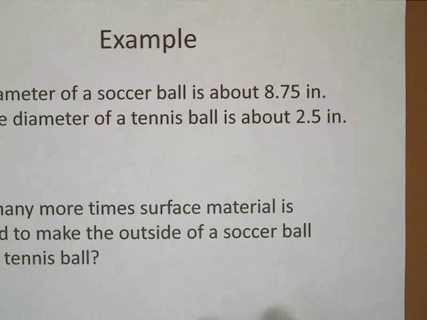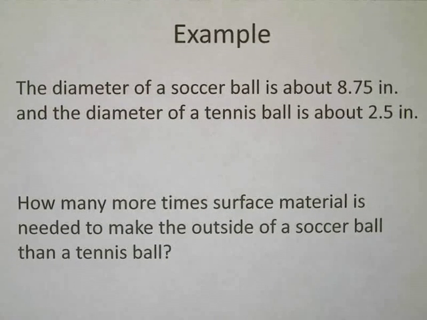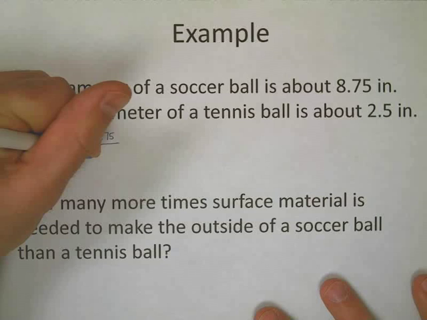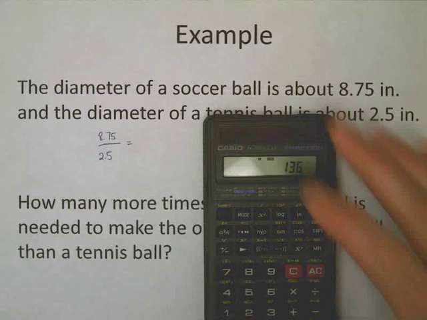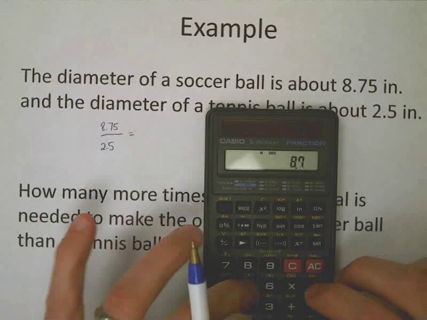So here's one more example. Ready? The diameter of a soccer ball is about 8.75 inches. The diameter of a tennis ball is about 2.5 inches. So how many more times surface material is needed to make the outside of a soccer ball when compared to the tennis ball? Well, here's what I know. If I take the big number and divide it by the little number, the diameters of the two are what I'm comparing.